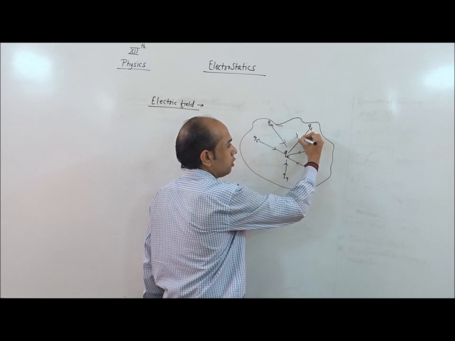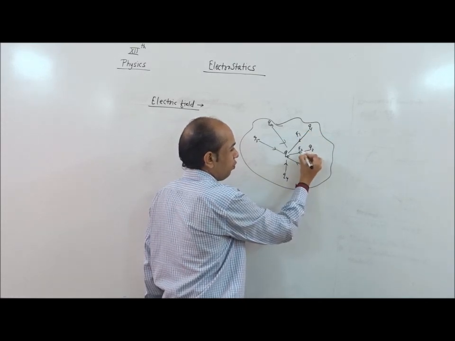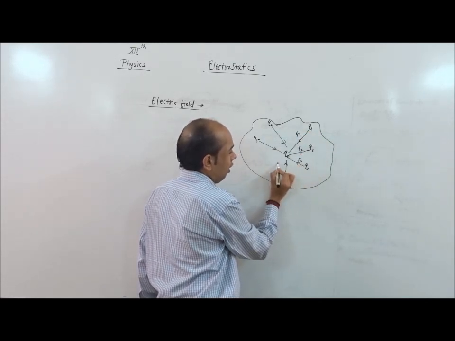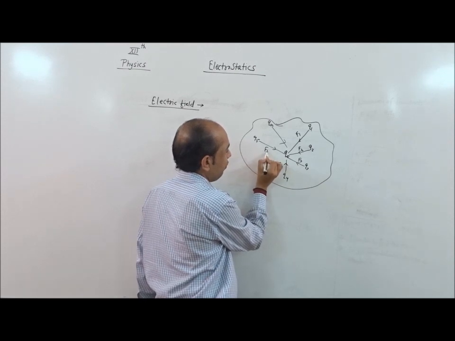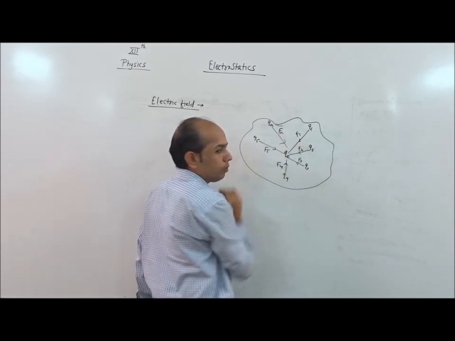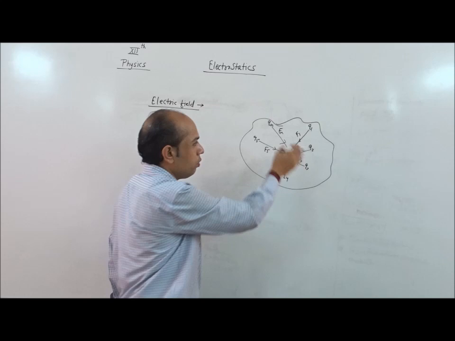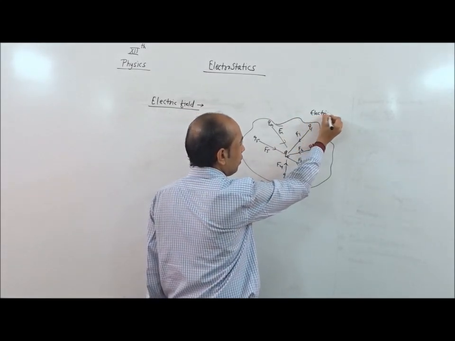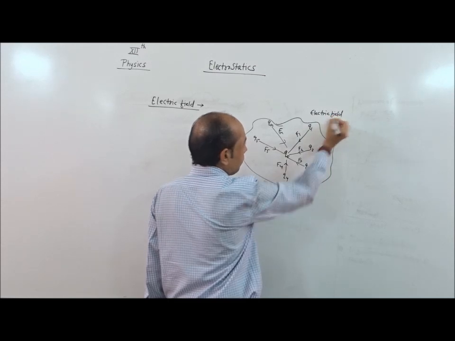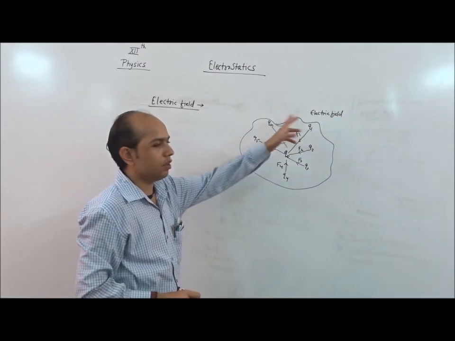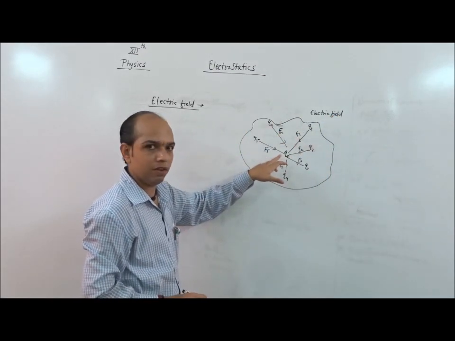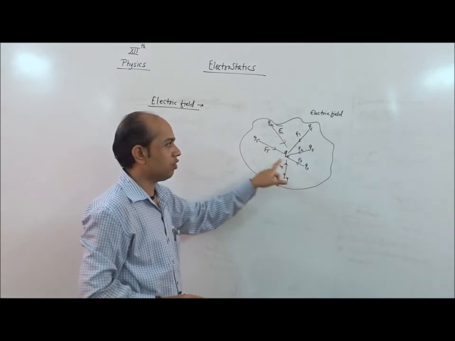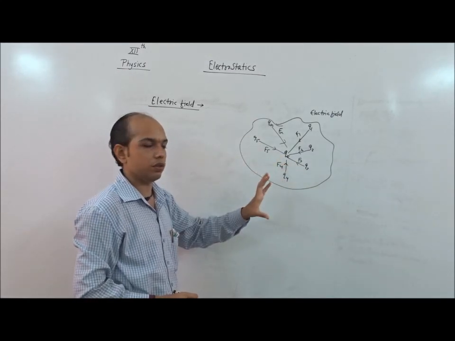So these forces are F1, F2, F3, F4, F5 and Fn. This space around the test charge is known as the electric field, and this is the limit of the charge where another charge experiences the force.